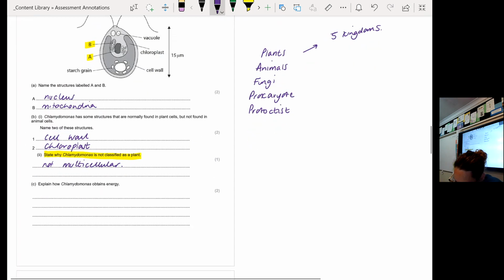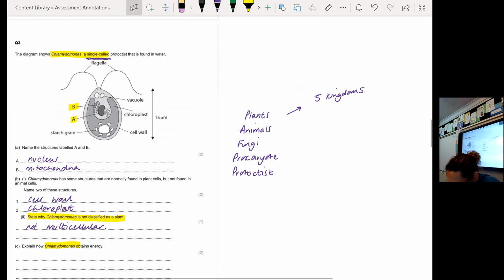Now, it does say, explain how Chlamydomonas obtains energy. So where does it get its energy from? It's similar to a plant, because I know that it's got a cell wall, it's got a vacuole, it's got a chloroplast.